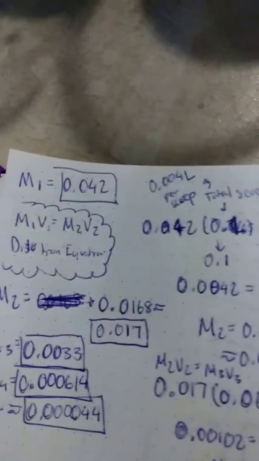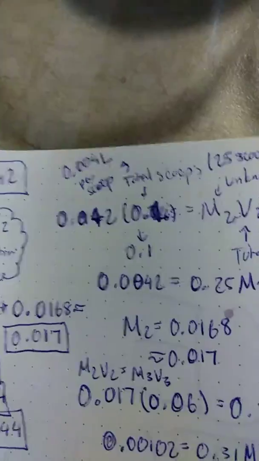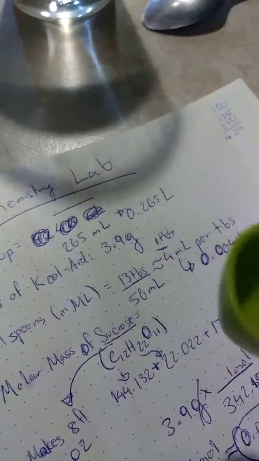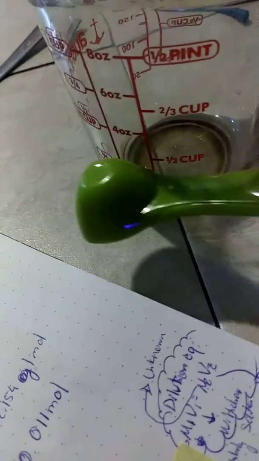As for the molarity of my second solution, I used 0.042, my first molarity, times the total number of scoops, which I calculated to be 0.04 liters per scoop, as I made a proportion of tablespoons to the 50 milliliter line here, and this came out to be, as I mentioned, 0.004.